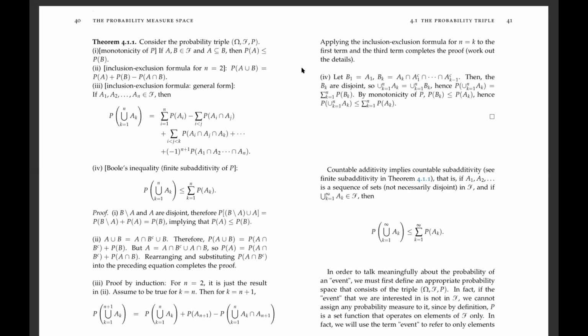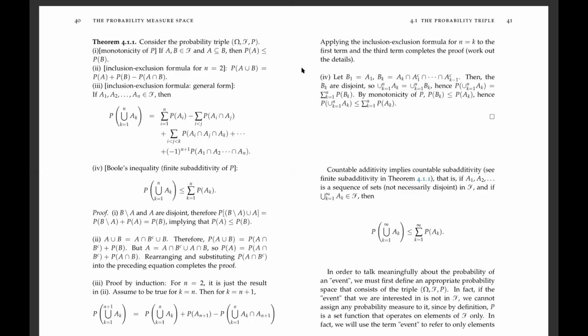If your A, B are in your sigma field, and your A is a subset of B, A can be equal to B, yeah. Then the probability measure on A is bounded by the probability measure of B. All right. So intuitively, this is just that the probability measure of the smaller set cannot be larger than the probability measure of the larger set.